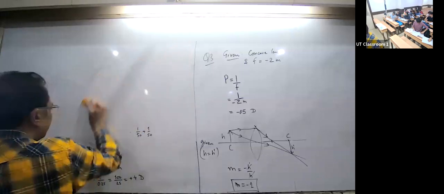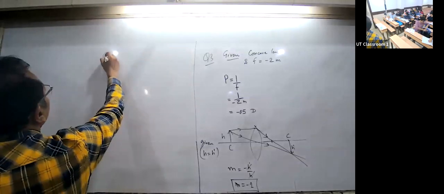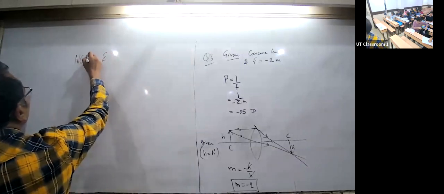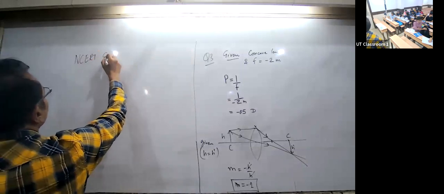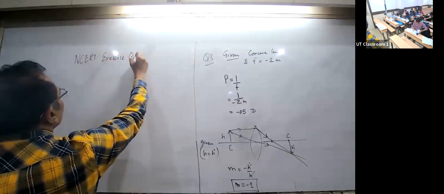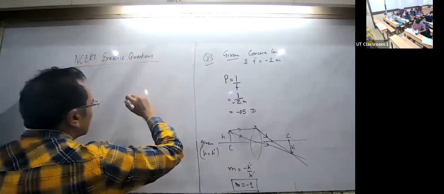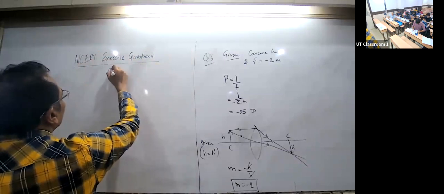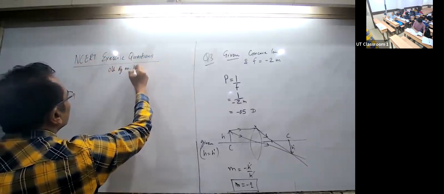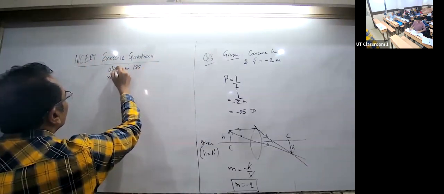Okay, everybody, we are doing NCERT exercise question. So, old book, what's the page number? 185. New book, old book.